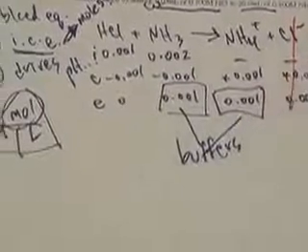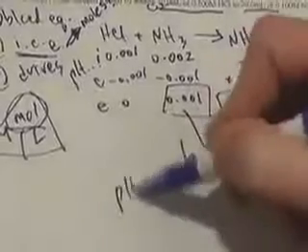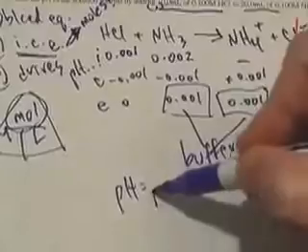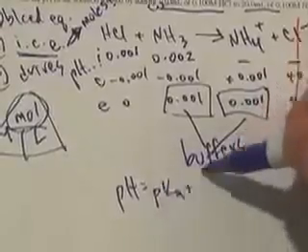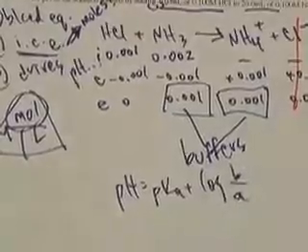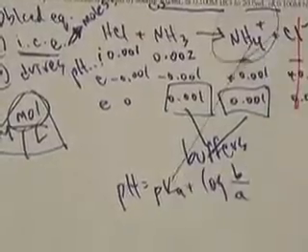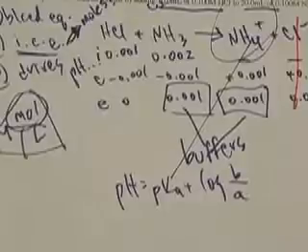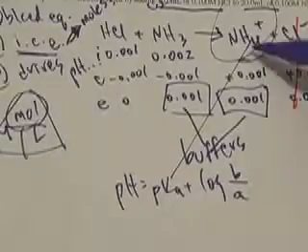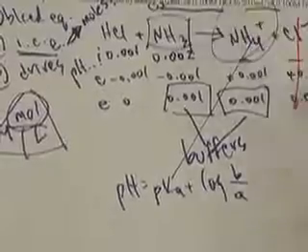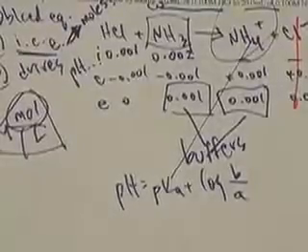In buffer solutions, you can calculate the pH simply by using the Henderson-Hasselbalch equation, which is pH is equal to pKa plus the log of the base concentration over the acid. So what we need to know is the pKa of the acid right here, which is NH4 plus. And I believe we will not find the Ka in the back of the book, but we will find the Kb of NH3 in the back of the book.